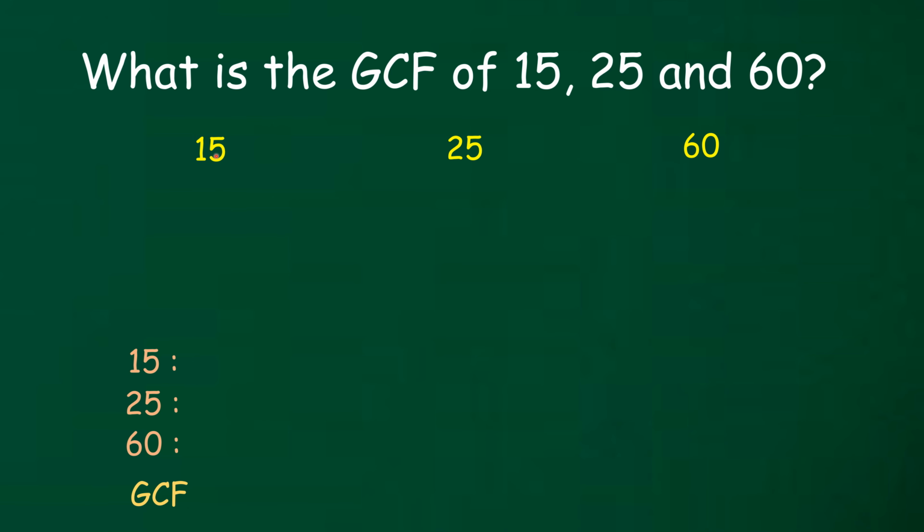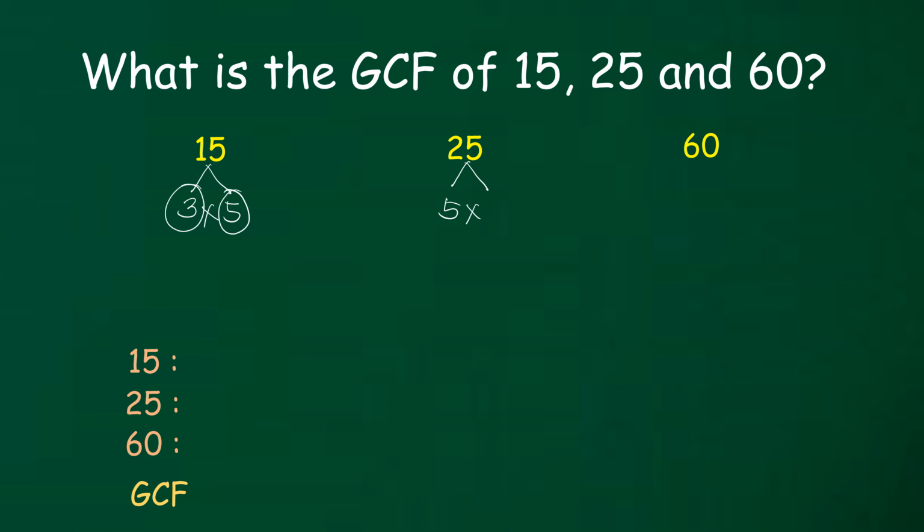Let's factor 3 numbers: 15, 25, and 60. The number 15 ends with 5, so we can factor it using 5. So 15 is 3 times 5. So this is now prime, and this is prime. For our 25, you can use 5.